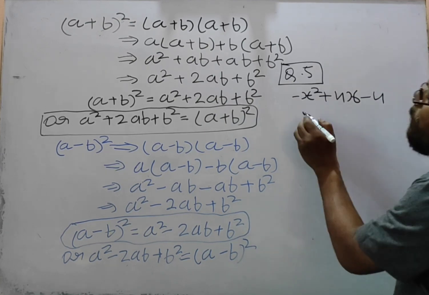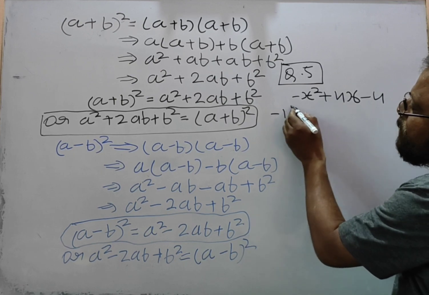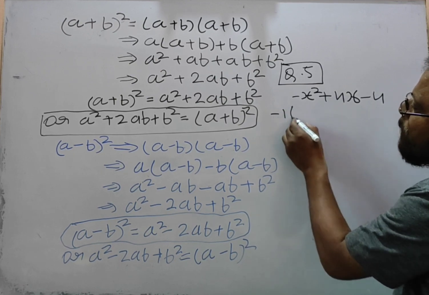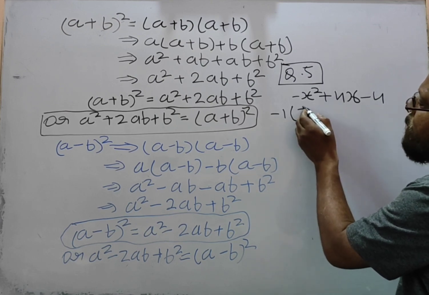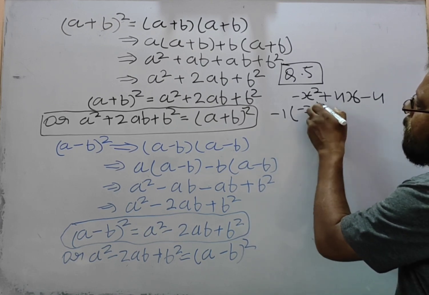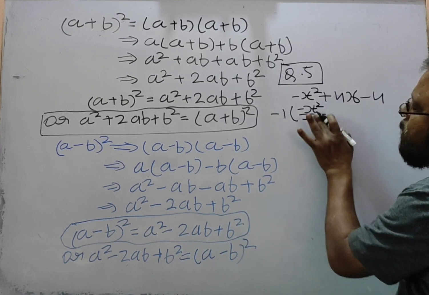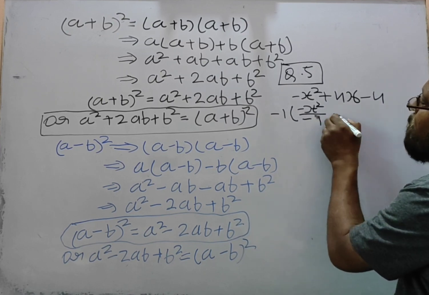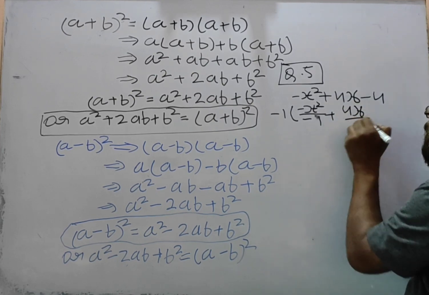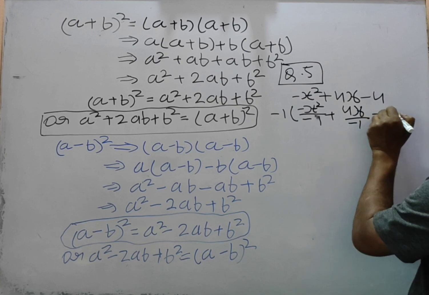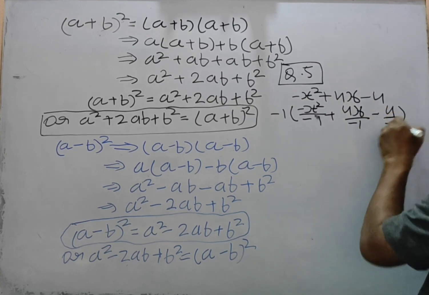So what we do, we take minus 1 as a common from here. So minus x squared will be divided by minus 1, plus 4x divided by minus 1 and minus 4 divided by minus 1, right?